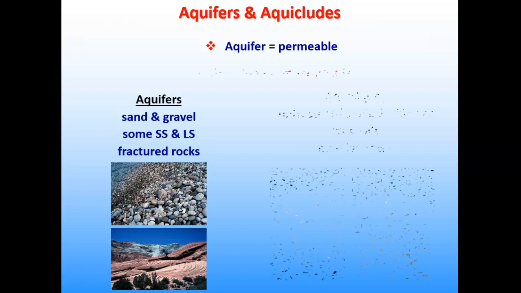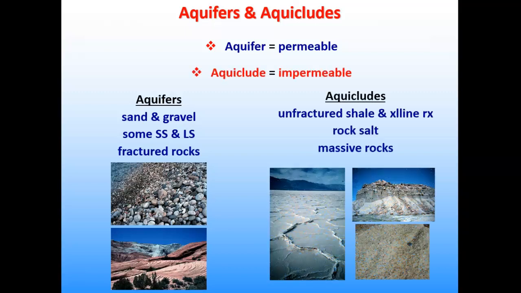And of course, some examples of that on the left. These are materials, whether it's sediment, sands and gravels, that tend to have both of these. Some sandstones and limestones too. And of course, if the rock is highly fractured and those fractures are connected, we can store a lot of water there. An aquiclude is basically something that doesn't allow water to move through it.